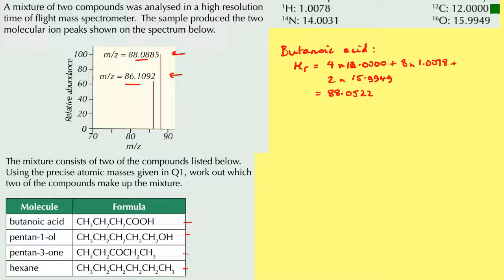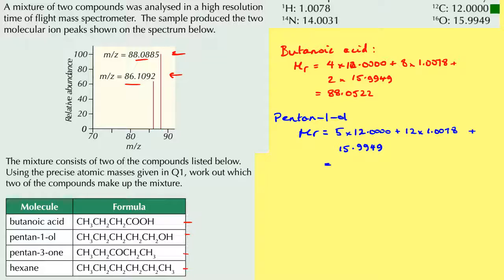Pentan 1-ol. So the MR is going to be 5 times 12, 5 carbons, plus our 12 hydrogens, and what else have we got? 1 oxygen, so that's 15.9949.